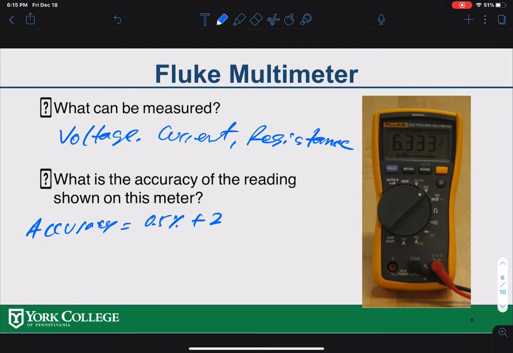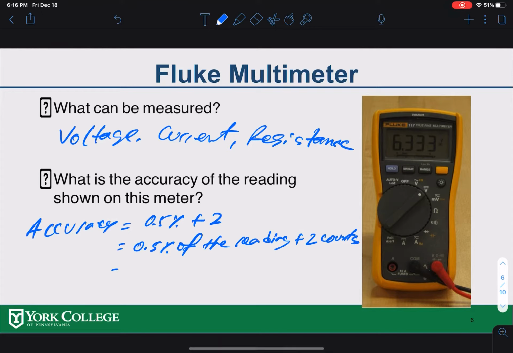What does this actually mean? It's saying 0.05% of the reading, which is 6.33 volts for me, plus 2 counts. What are counts? Counts is the resolution of the device for this range. So for this range, the resolution I have is 0.001 volts.